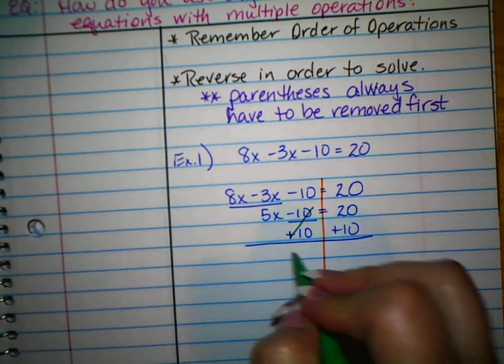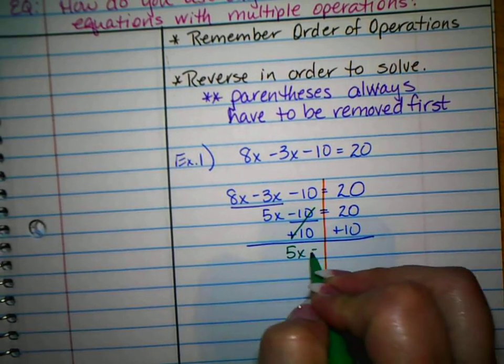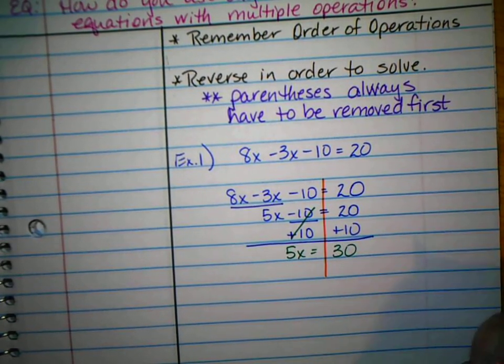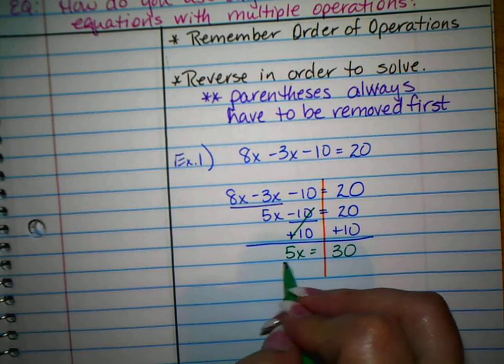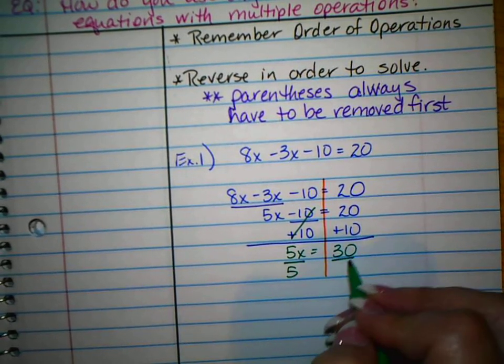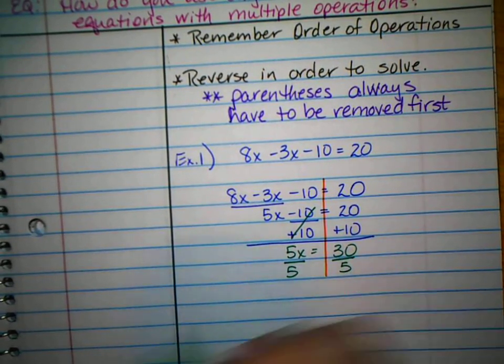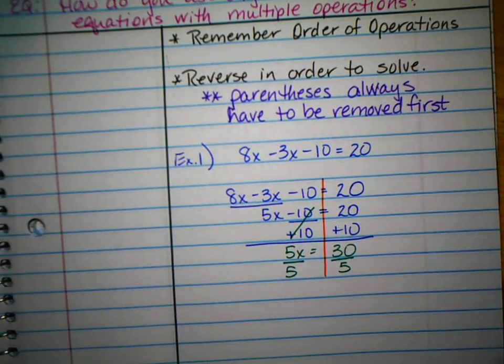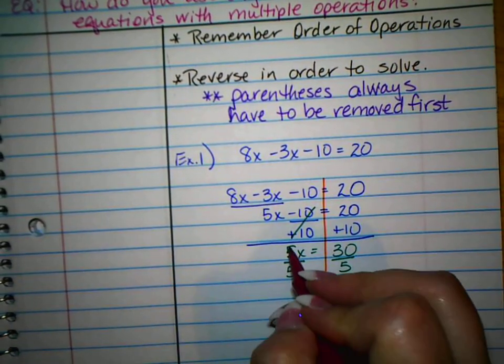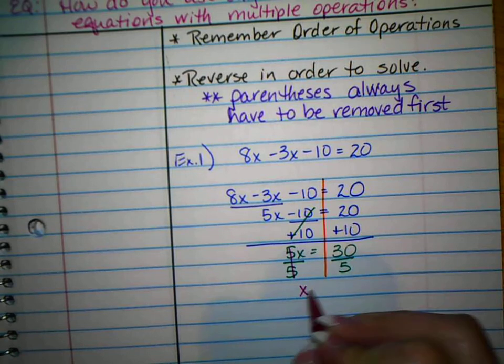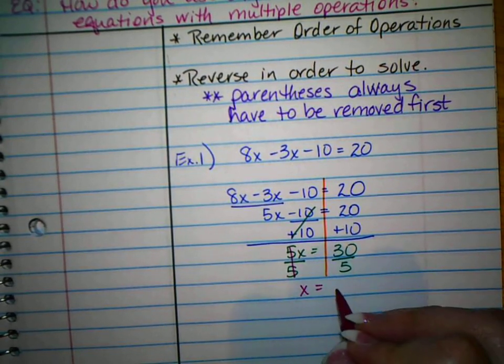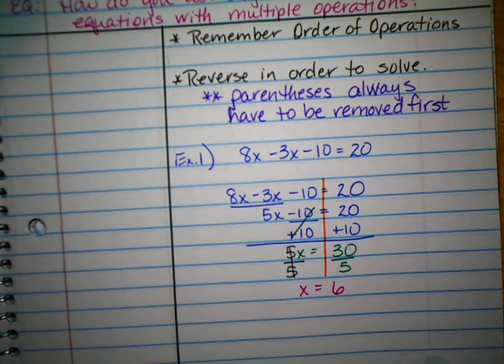This goes to 0, leaves me with 5x equals 30. This is multiplication, so I'm going to divide. And what happens here is the 5's divided to 1 leaves me x equals 30 divided by 5 is 6.